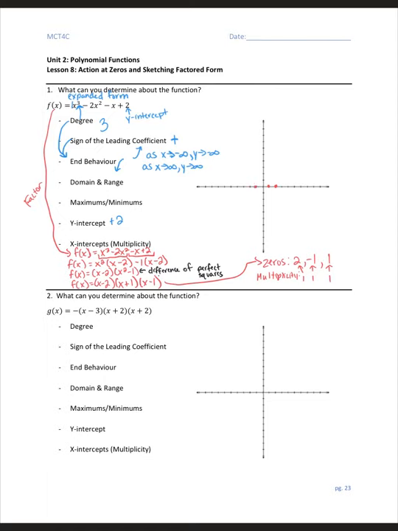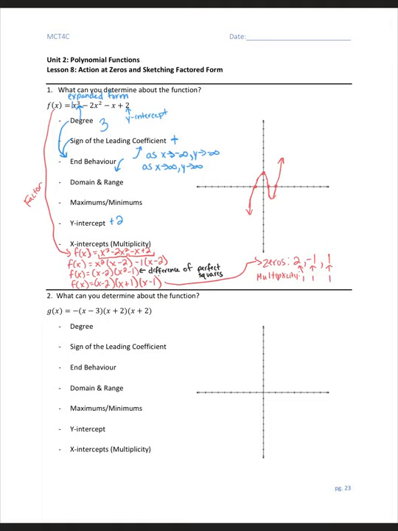We've discovered our end behavior is going to start down. It'll be down on the left, and it's going to go up on the right. We also know we have a y-intercept at 2. From each zero, we should cross the x-axis, and then we'll come back down where the next x-intercept is at 1, and we'll cross back over that x-axis and come back up to cross at our other zero.